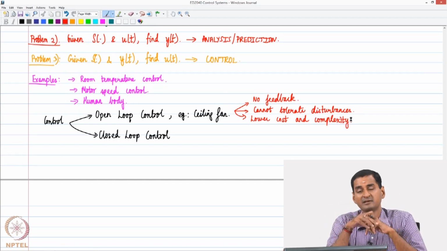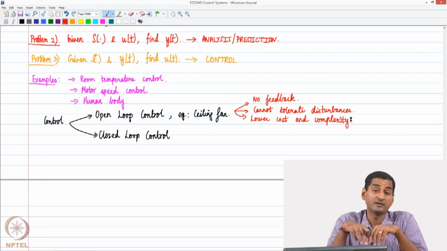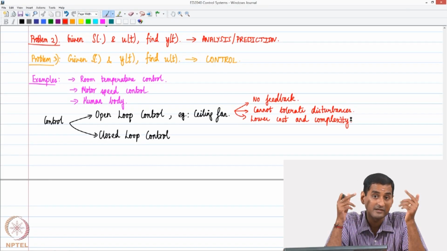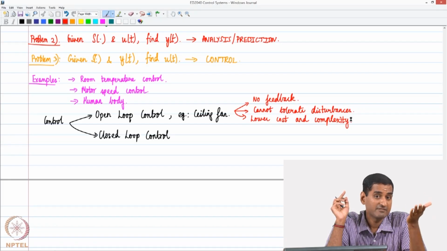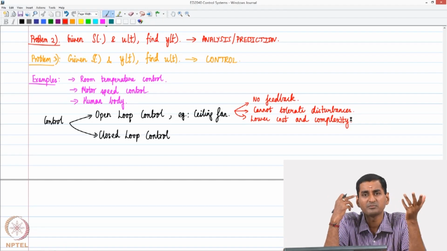On the other hand, suppose we want a fan whose RPM needs to be maintained at a very baseline value, let us say 100 RPM, right, and I cannot afford a huge variation in the RPM, for some industrial application, right. What would I do?